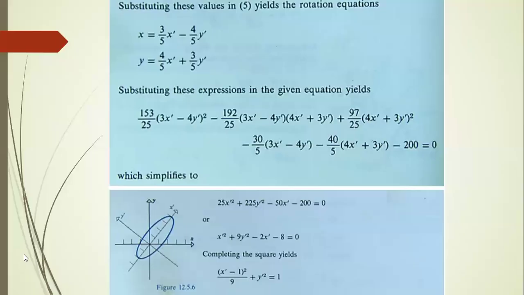We then substitute the values into our rotated equations again, and we would have gotten x is equal to 3/5 x prime minus 4/5 y prime, and y is equal to 4/5 x prime plus 3/5 y prime. We then again use the plug and chug.